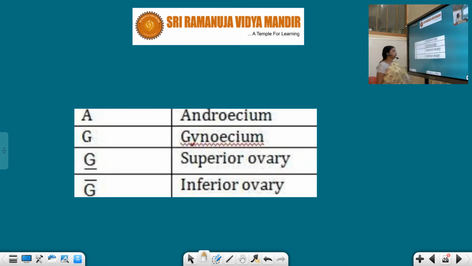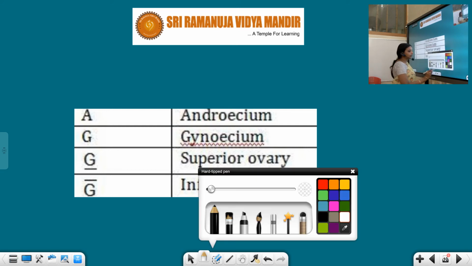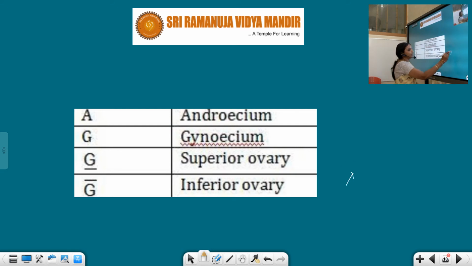Now let's see, for androecium, capital A is for androecium, and if the number of stamens is 5, we write like this. If these are fused, again within brackets. If there are many, so infinite, then we write like this. Or if it is 9 plus 1, in Fabaceae we have seen it is 9 plus 1.